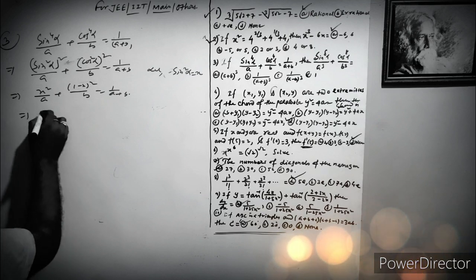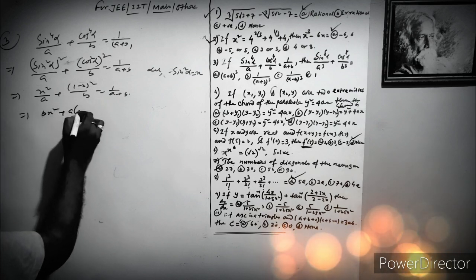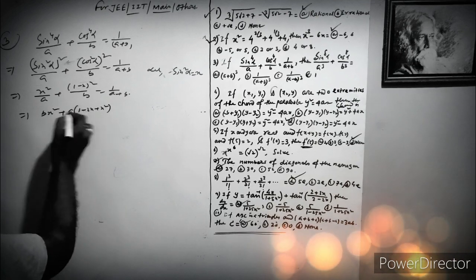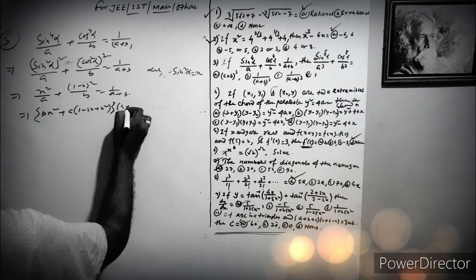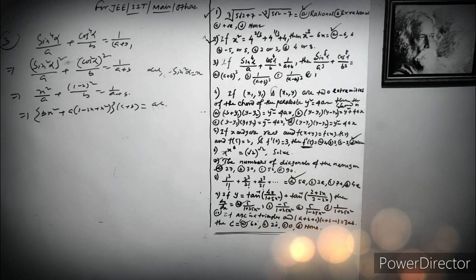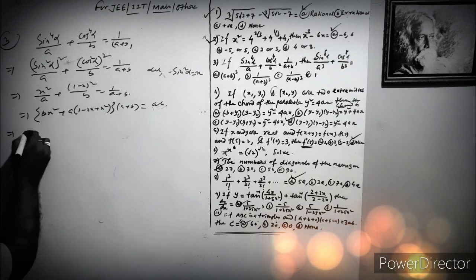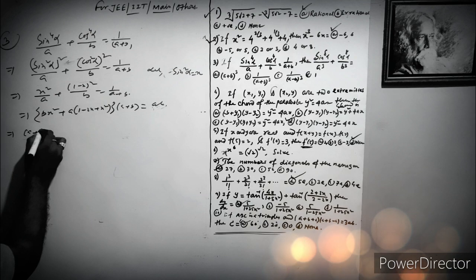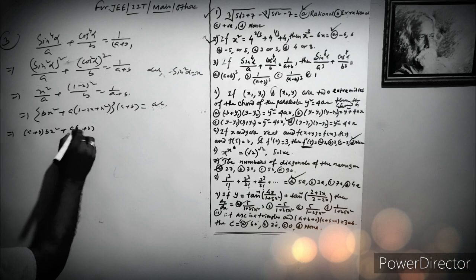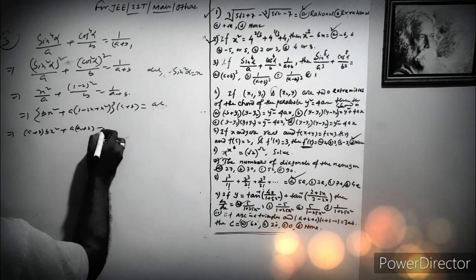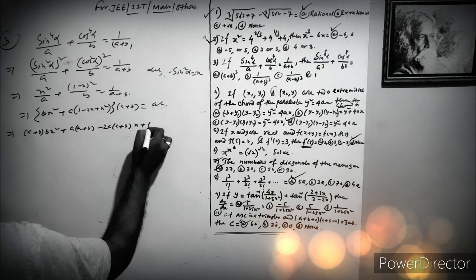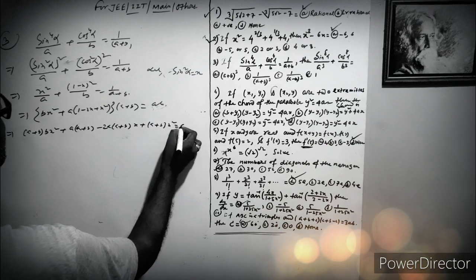See, x square A into 1 minus 2x plus x square, and this is your AB. Okay. So A plus B into B x square, A into A plus B, okay, twice A into A plus B, x, and A plus B into x square is equal to AB.